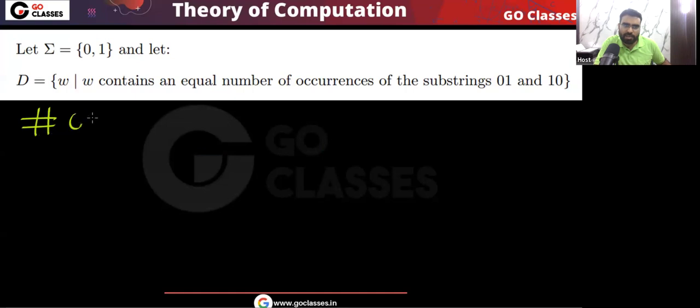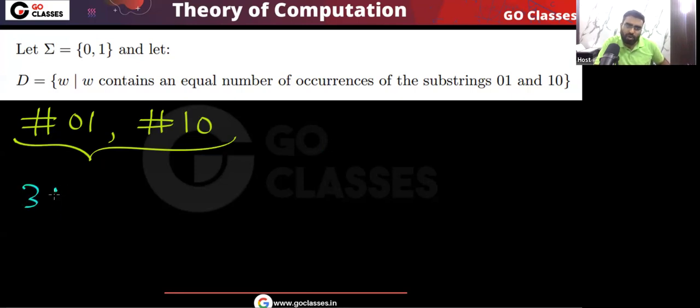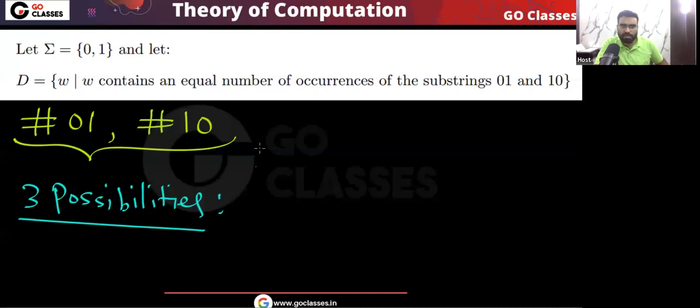Remember, considering the number of 0 1 and the number of 1 0, only three cases are possible. We don't have infinite possibilities. What are those three possibilities?